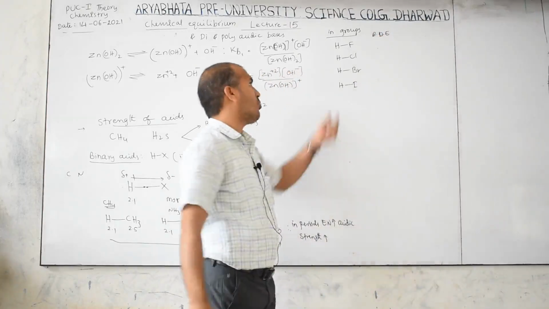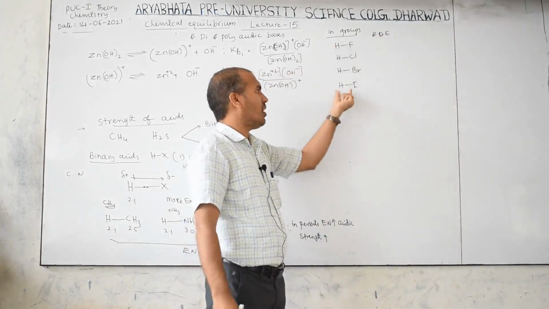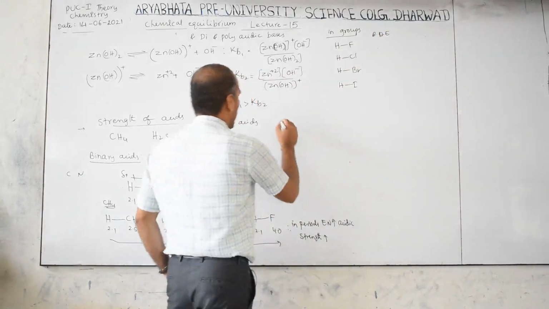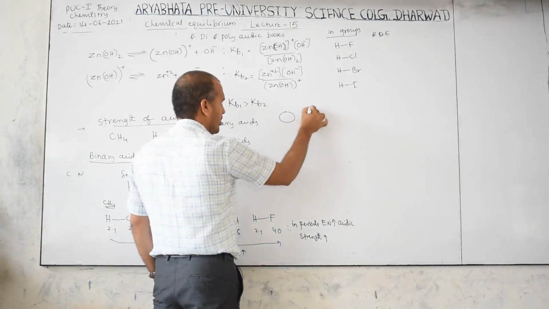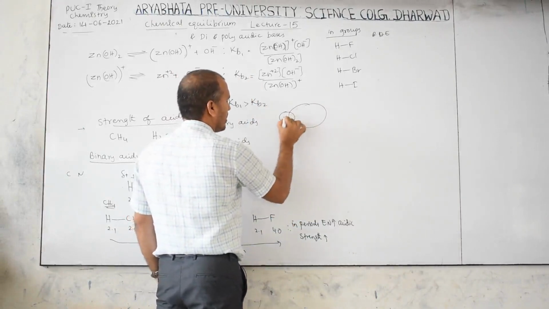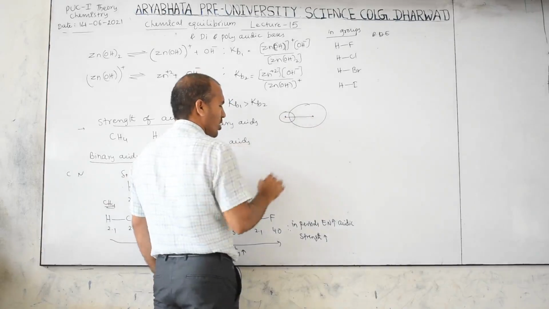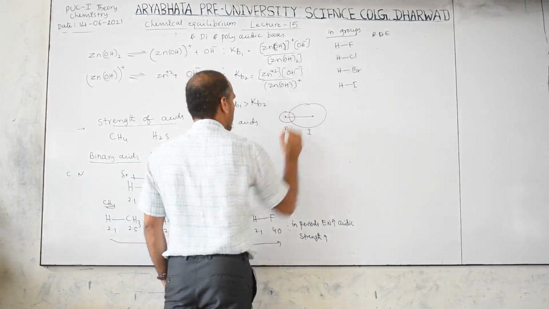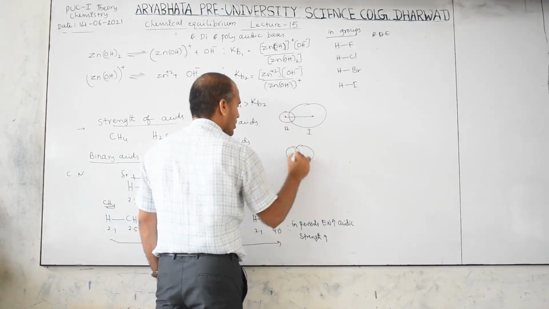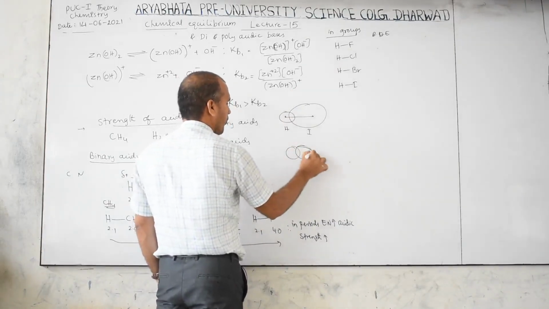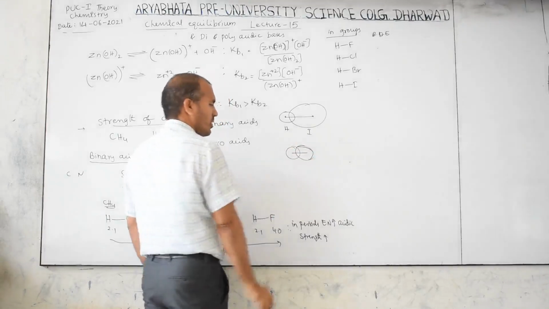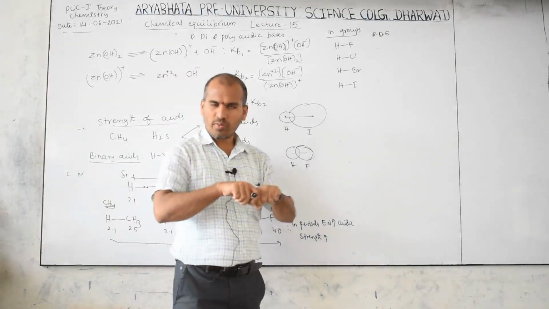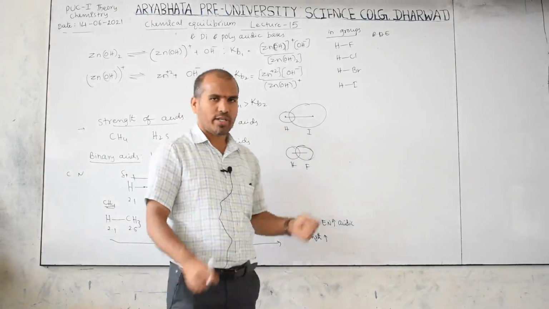When the size is smaller, more energy is required; when the size is larger, less energy is required to break, because in a bond like hydrogen-iodine, the internuclear distance is longer. If you consider HF, this is H and this is fluorine, and the internuclear distance is smaller, a shorter bond. A shorter bond requires more energy to break, a longer bond requires less energy.